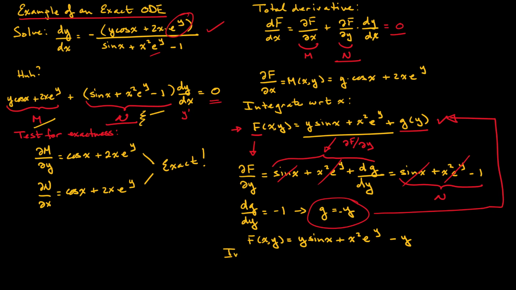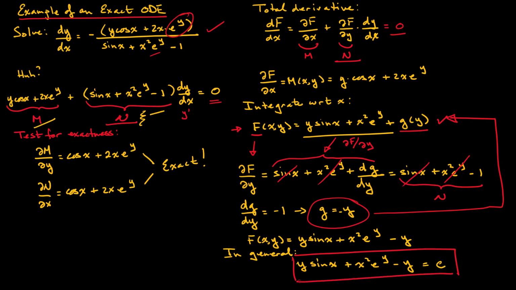And in the most general terms, we could say that y sine of x plus x squared e to the power of y minus y is equal to, at most, some constant c. And this is our solution in an implicit form of our differential equation given at the start of the problem.